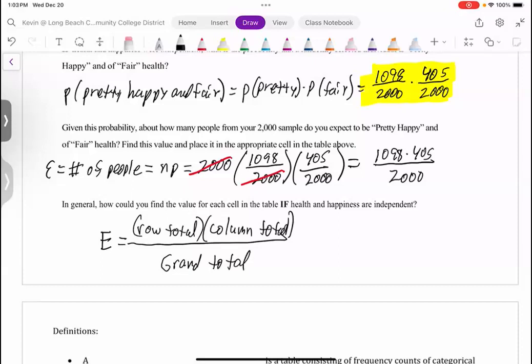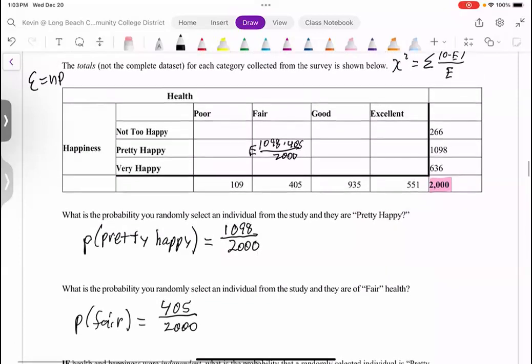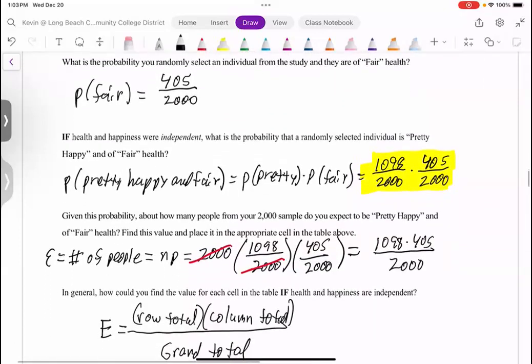For each of these, we would have to do its expected value for each and every single one of these. So that would be 12 slots that we would need to fill in. But don't worry, our calculator is going to do all that heavy lifting for us.